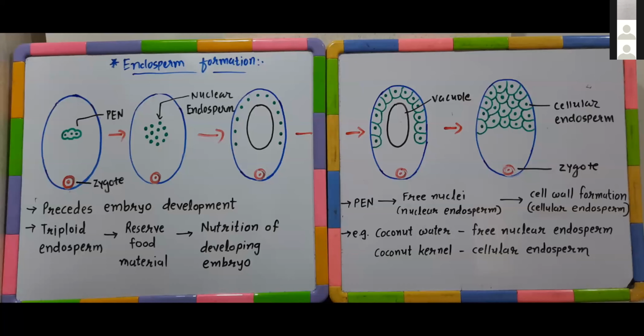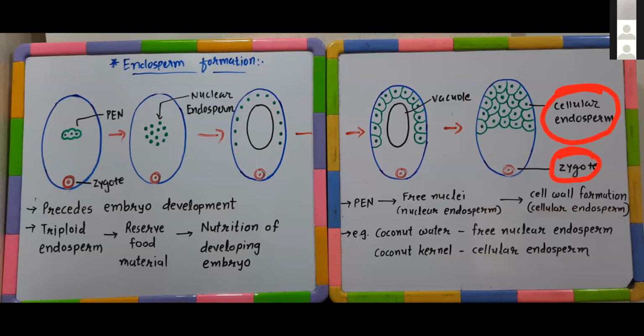Now, first we will talk about endosperm formation and then we will talk about embryo development. Let's talk about endosperm formation. See, the endosperm formation will precede embryo development. Inside the seed, before the zygote develops into an embryo, endosperm tissue has to be ready.